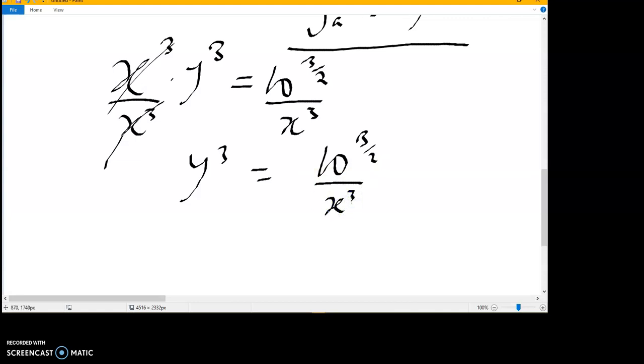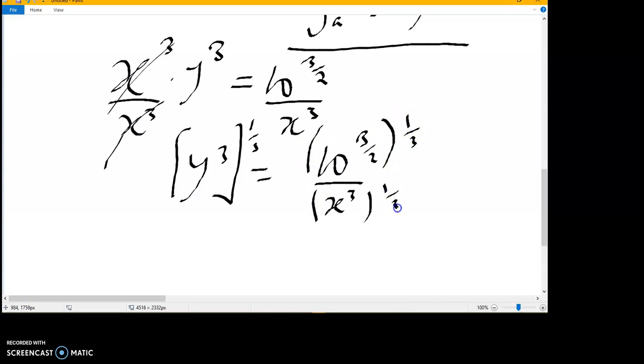Now we want to get rid of the 3 on this side, so we multiply both sides by 1 over 3: on top, and at the bottom.